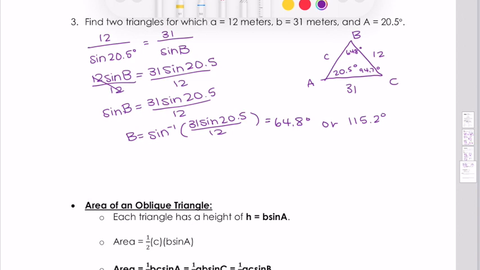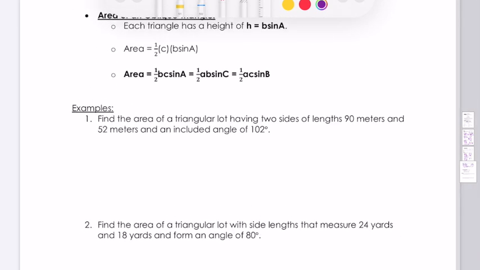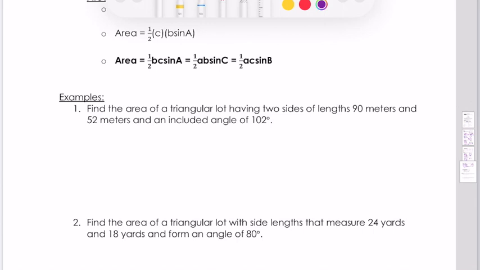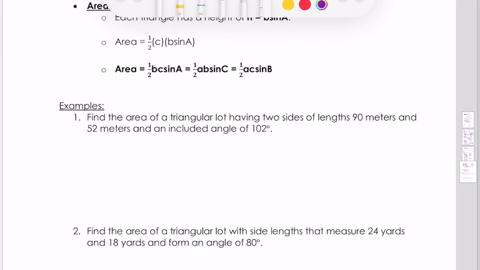Those are much easier to solve for. Each triangle has an area, if you remember from geometry, of 1/2 times base times height.